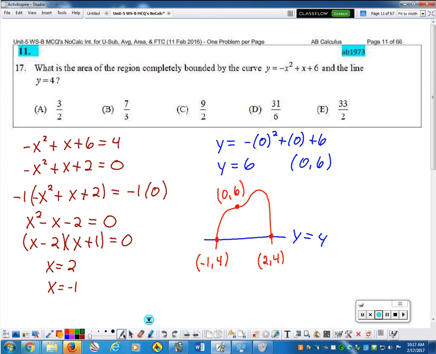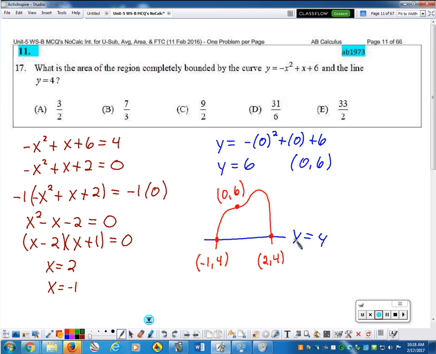Cool. Braden, please. So, when you put in x equals 0, are you just trying to find the top of the curve? No, but good question. All I'm trying to figure out is I've got a line y equals 4, and I know the curve intersects twice.